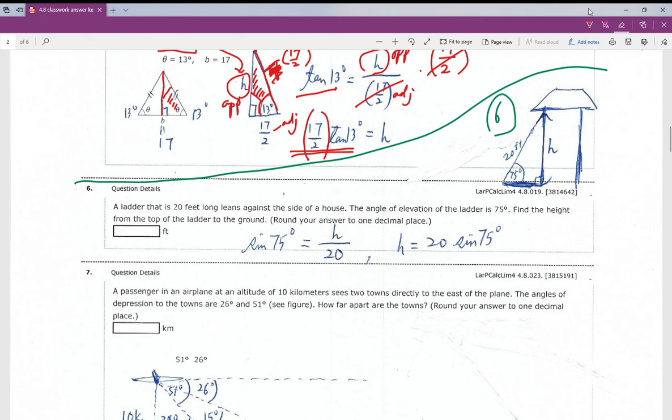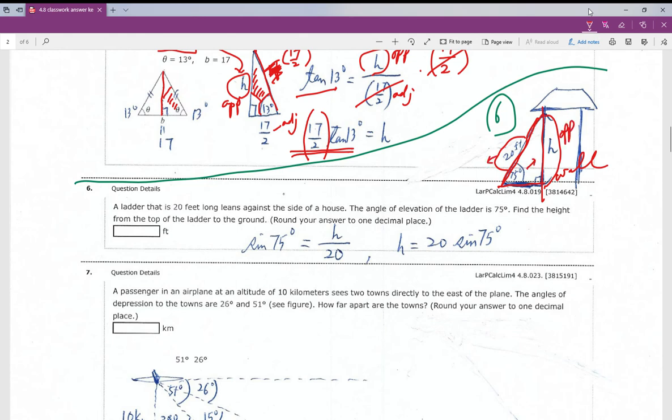This is the house and this is the wall of the house. Now there's a ladder this way. And this is the ground. Now this question is talking about if the ladder itself is 20 feet, it asks you to find the height. So this height happens to be the opposite side.